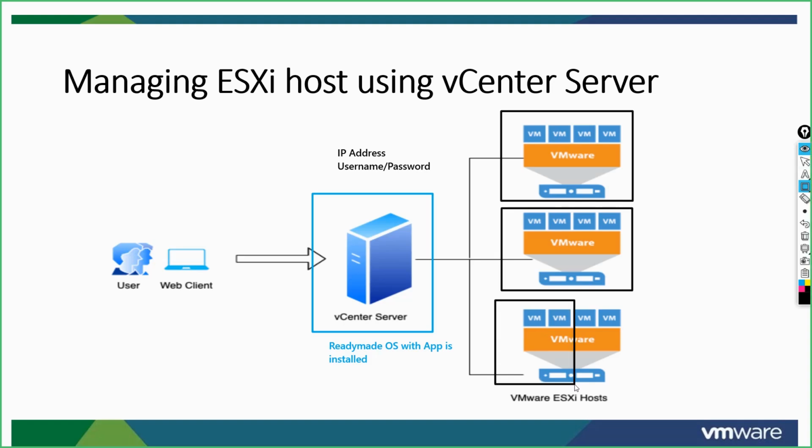Then this is another ESXi host with multiple virtual machines. One by one you will be adding these ESXi hosts in the vCenter server. So in short, this vCenter server can manage ESXi servers.